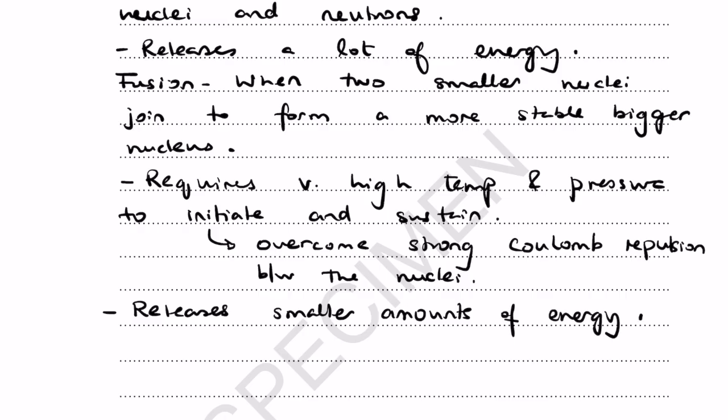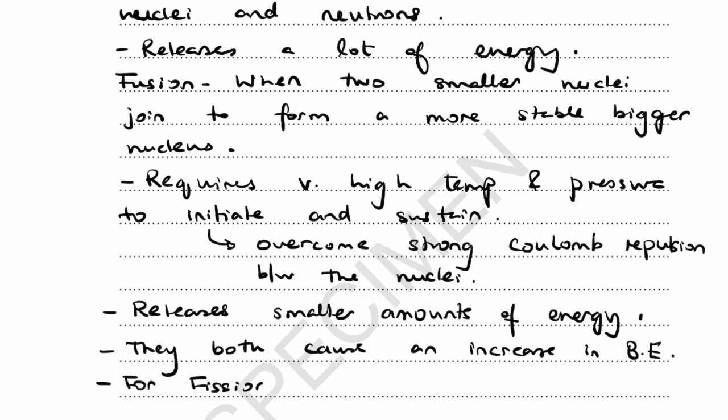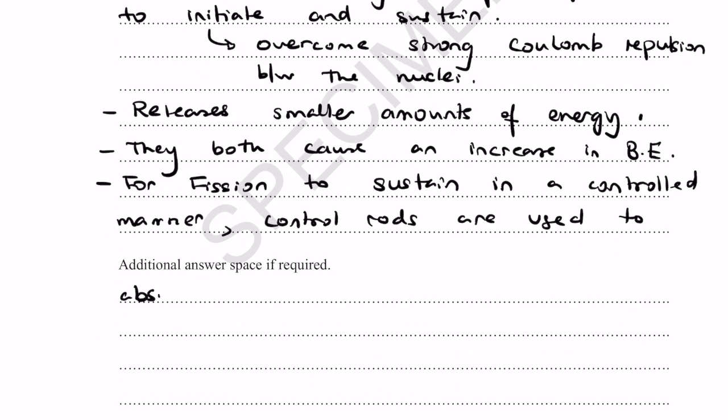They both cause an increase in binding energy, so that's one of the similarities. And for fission to sustain in a controlled manner, you need control rods, which are basically used in nuclear fission reactors to absorb excess neutrons.